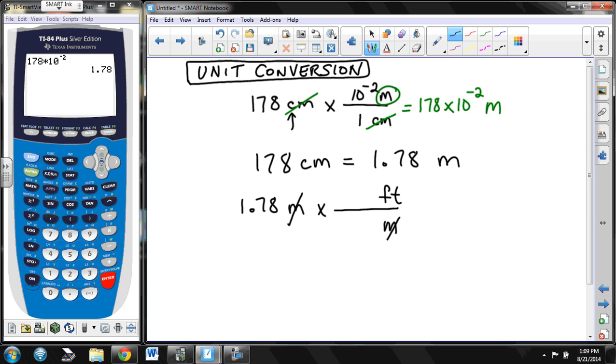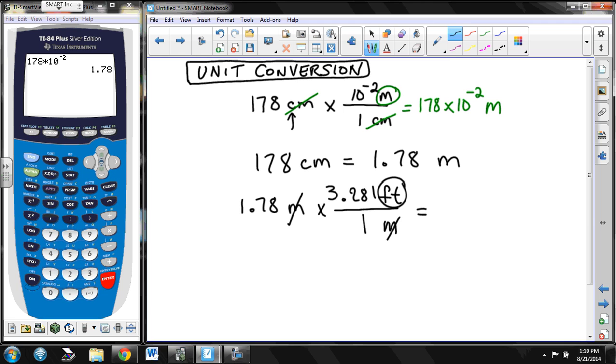In our textbook, it gives us a conversion factor. It tells us 1 meter is approximately equal to 3.281 feet. Right? The way we have this set up, our meters are going to cancel out, and our answer is going to be in units of feet.